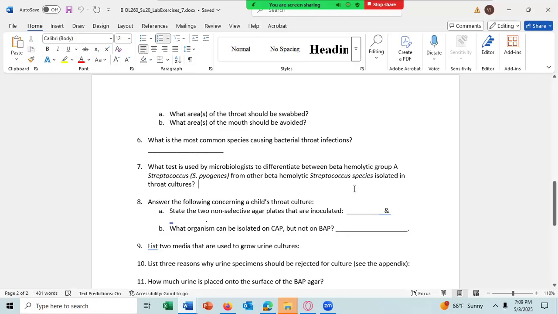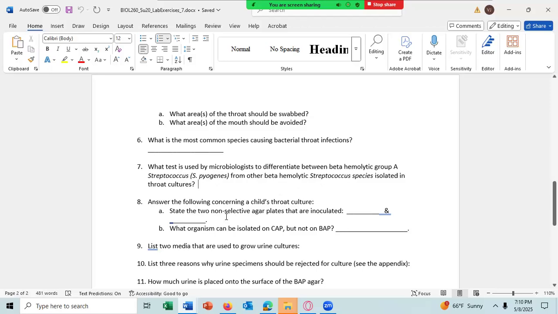And note, we already know that this is a beta hemolytic bacteria. And we're only separating Streptococcus pyogenes from other beta hemolytic Streptococcus species.